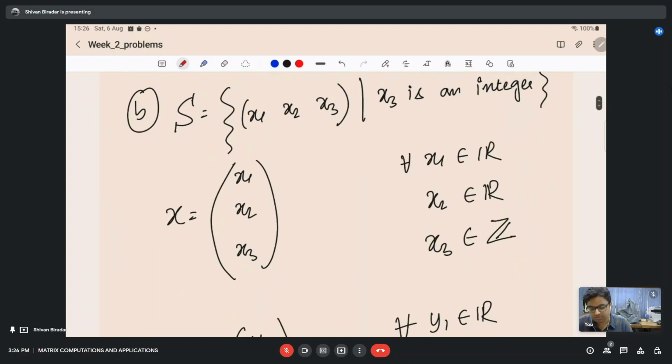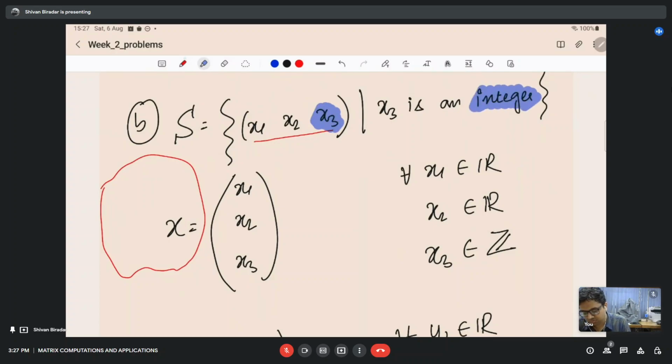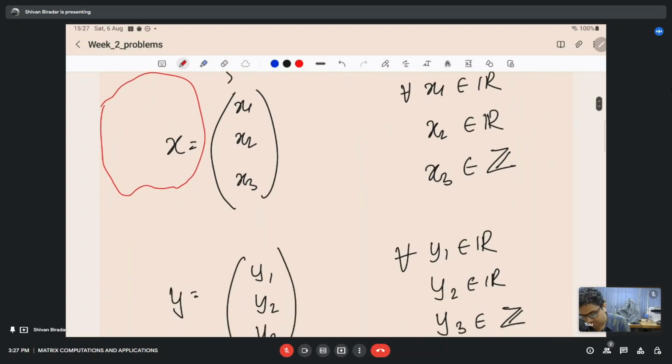So let us go on to the next problem. We see here that again we have a subset S, and this subset S contains vectors of the form x1, x2, x3. And here it is said that x3 can take only integer values.